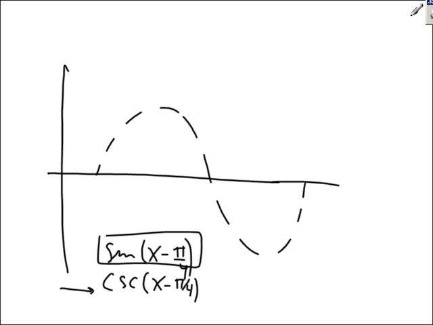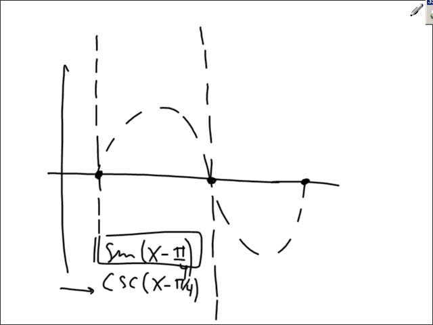Now, wherever it crosses the center line, put a dot there. And then draw vertical asymptotes right at those zeros, right at those 3 dots. And then you kind of graph it upside down.